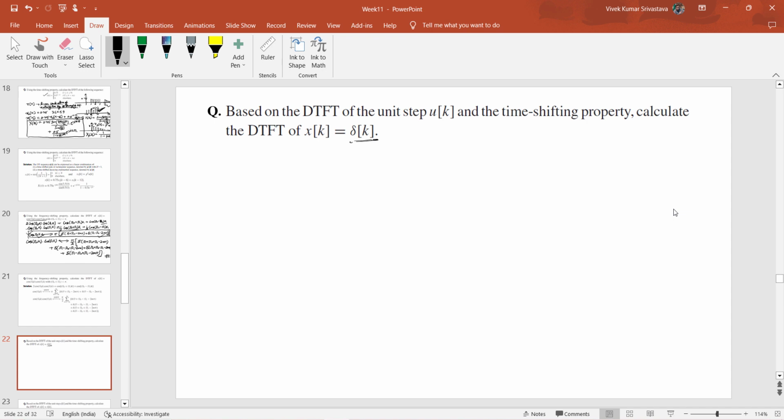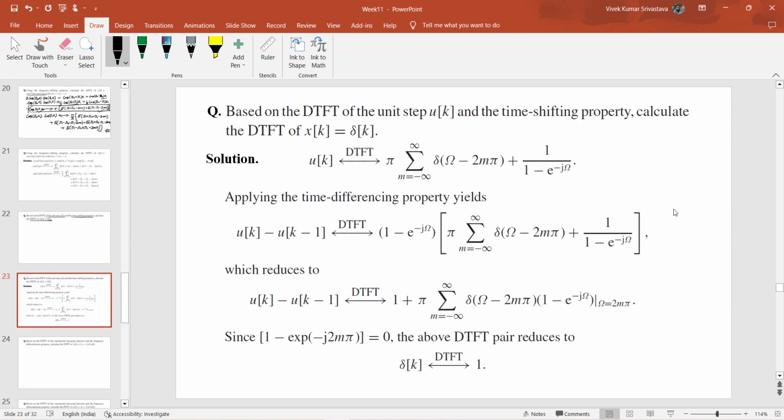As we know, the discrete time Fourier transform of the unit step function is pi times the summation over m from minus infinity to infinity of delta of omega minus 2 m pi, plus 1 over 1 minus e raised to the power minus j omega.